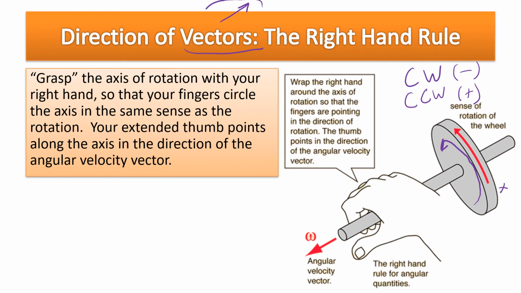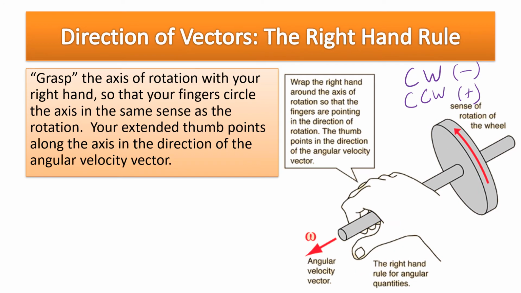But it's not a true arrow like we've been seeing with vectors. So to get that arrow there, we have this convention where we use the right-hand rule, and this is the direction of the angular velocity pointed along the axis of rotation. And it points in the direction that your thumb points when you do the right-hand rule correctly.